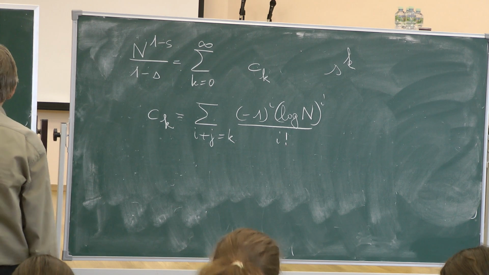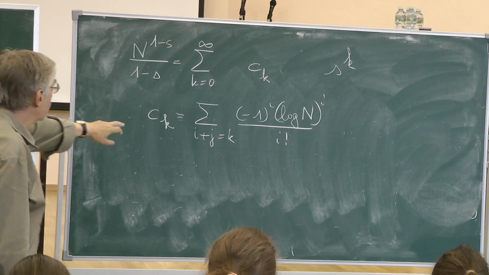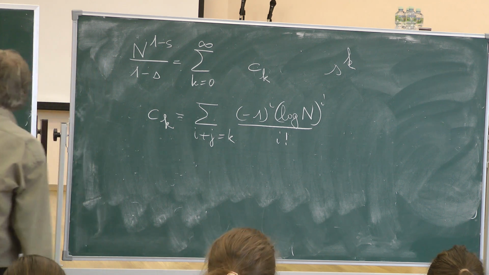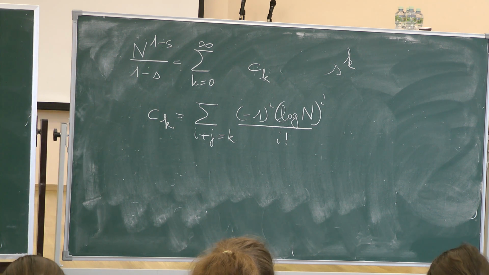And I have to take this coefficient c_k and multiply it by (-1)^k k!.